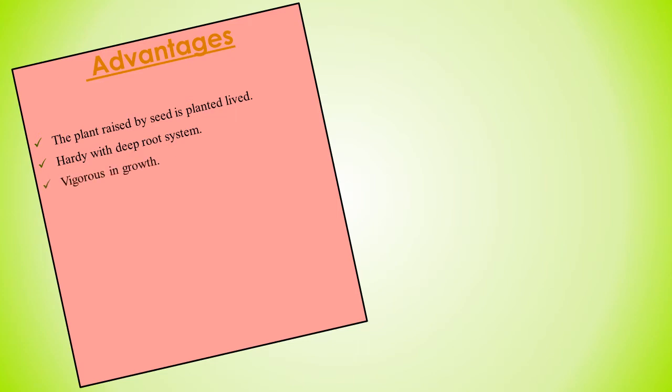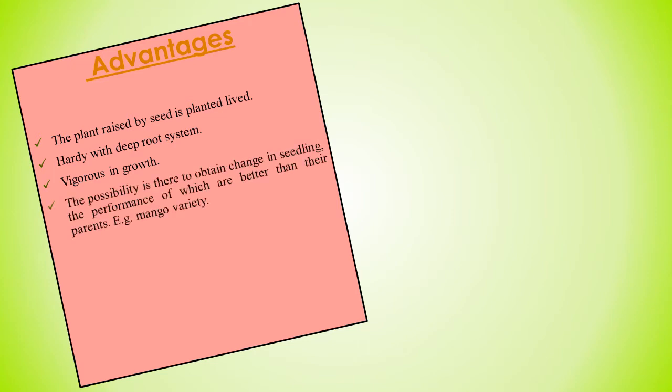There is a possibility to obtain chance seedlings whose performance is better than their parents, for example mango varieties. The polyembryony phenomenon, the production of more than one seedling from a single seed, produces true-to-type nucellar embryonic seedlings, which can be used as rootstock for uniform performance. For example, mango varieties; it is very common in citrus and jamun.